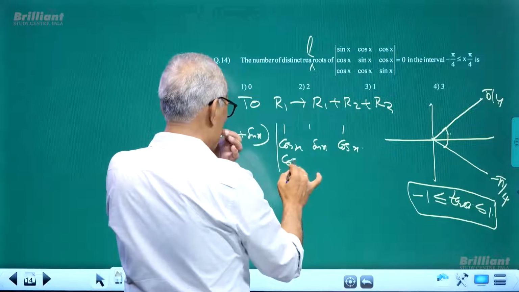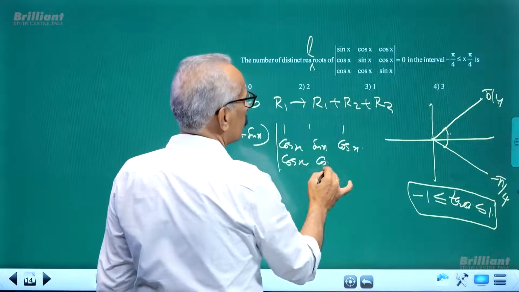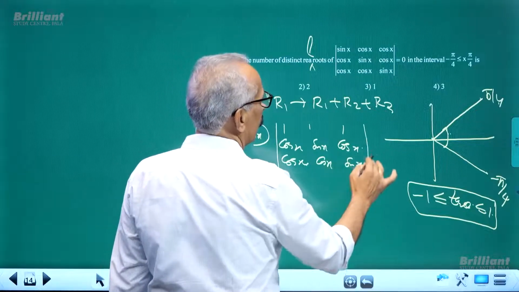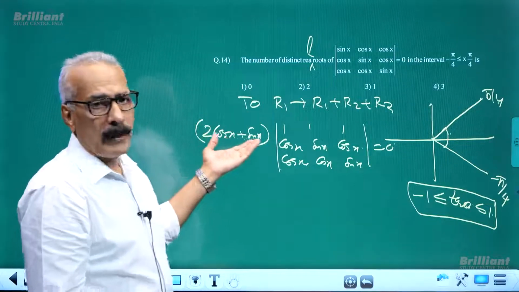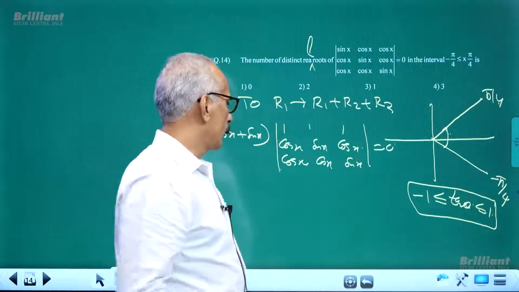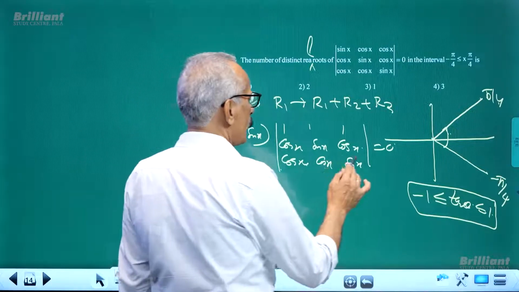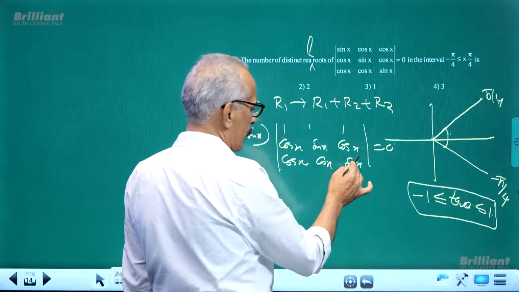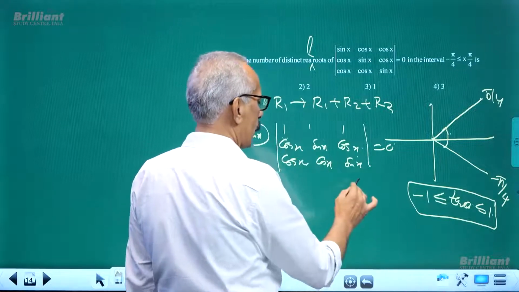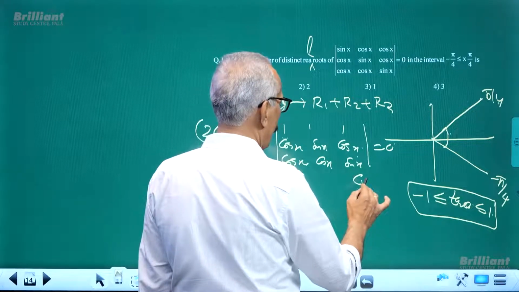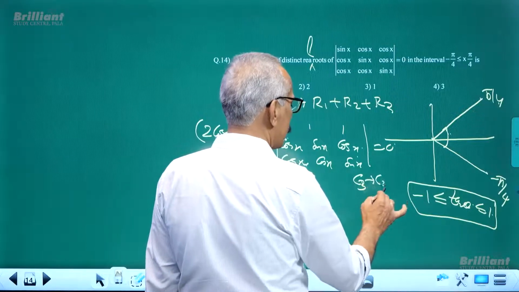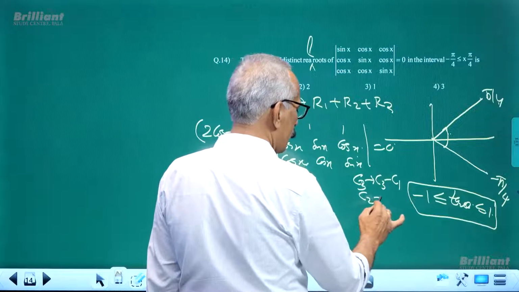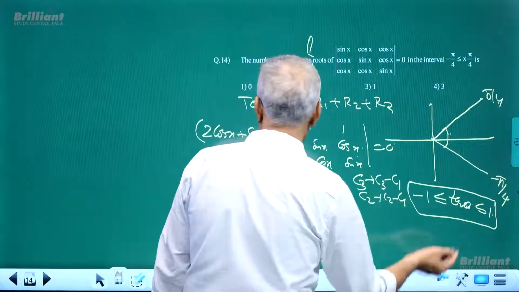And this is cos x, sin x, equal to 0. Either you can expand or you can apply the operations C1 minus C3, C2 minus C1, whatever you like.